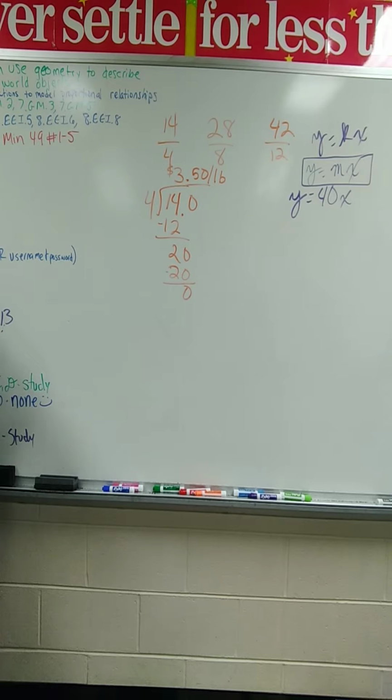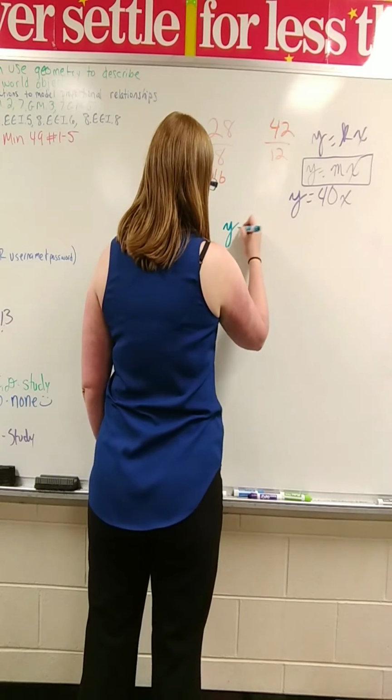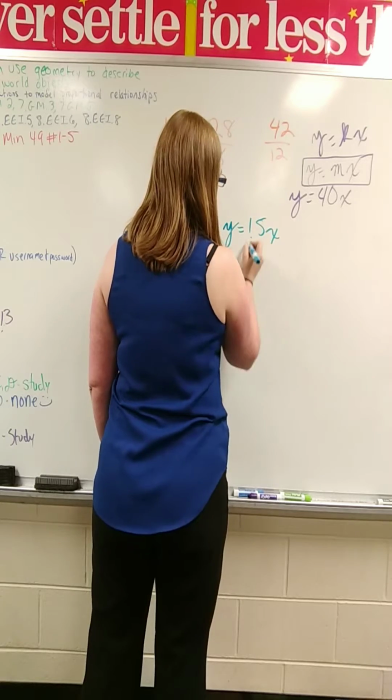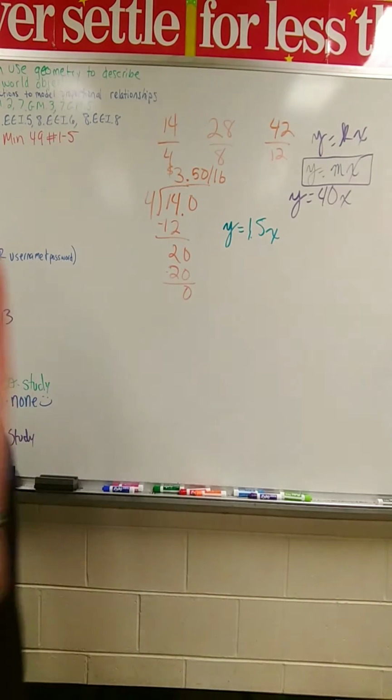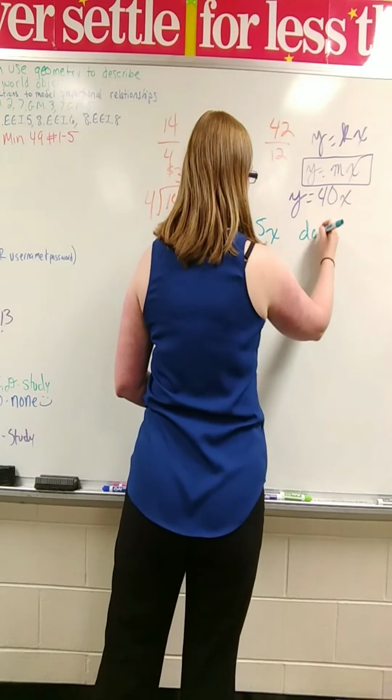Alright? So we have an equation for the number of heartbeats for a dog. Y equals 1.5x. That's for which one? That is for the dog. Okay? This is dog.